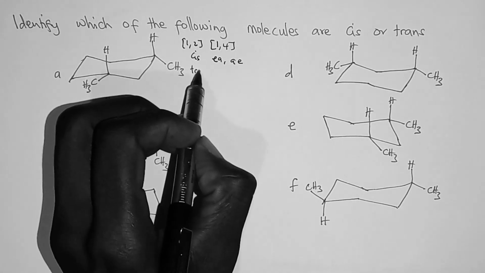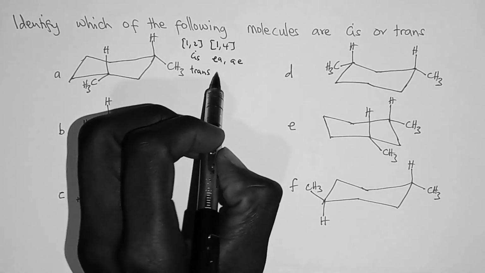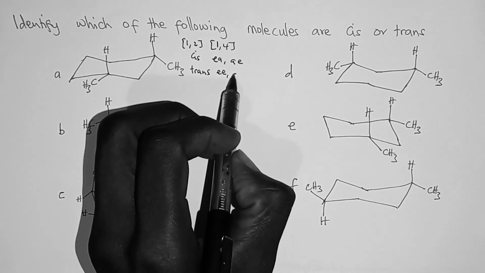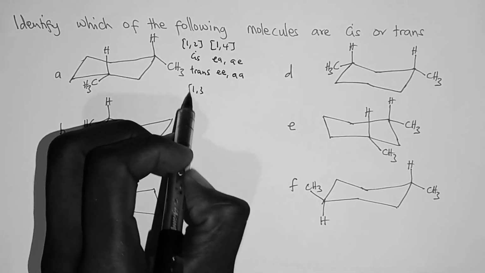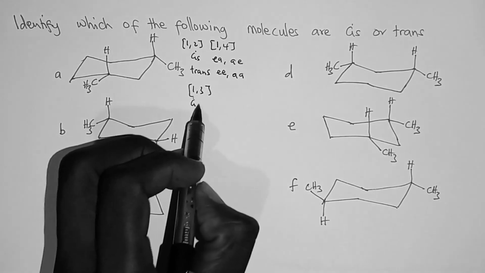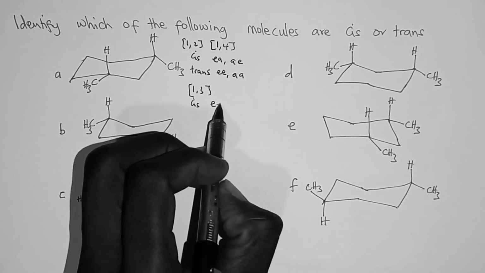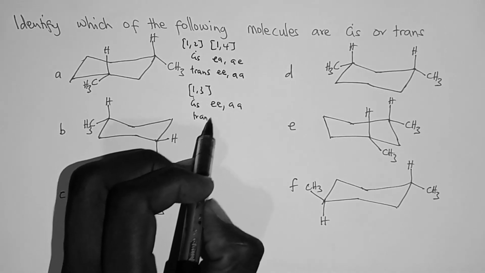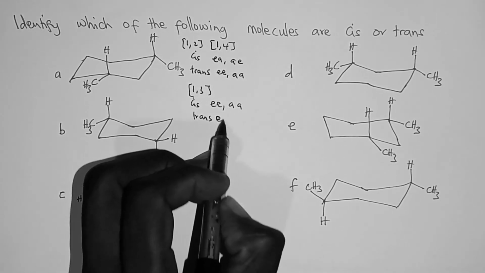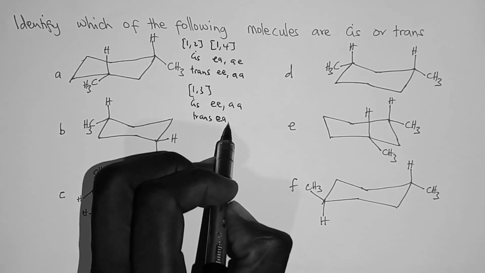Then the trans is an EE or an AA. Then for a 1-3, we said a cis is an EE or AA, and then a trans is an EA or AE.